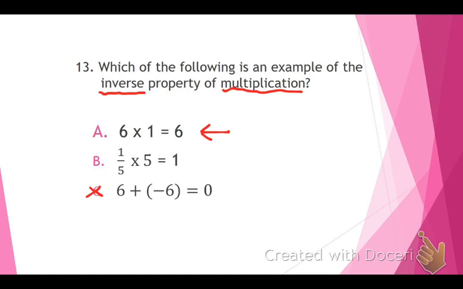So what does our answer have to be? Problem B, okay? Because if you think about it, you have 1/5. The opposite of 1/5, you flip it, 5/1. And when you do that, this becomes a 1, that becomes a 1, and your answer is 1. So the only correct answer is problem B. Any questions?